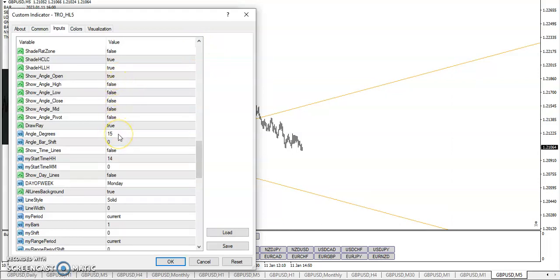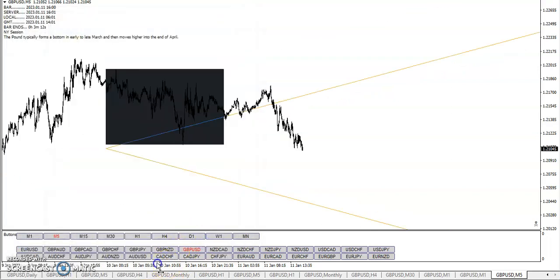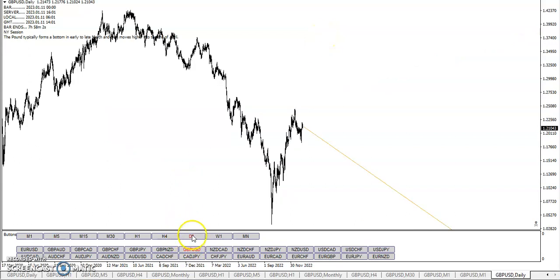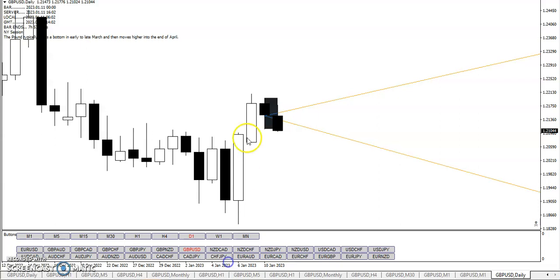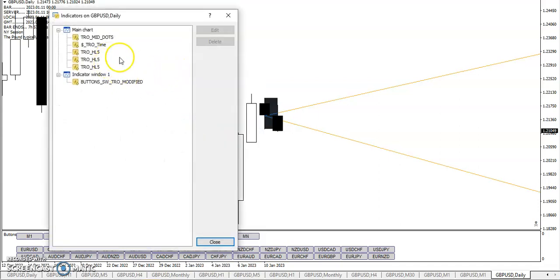And I'm trying to remember. Let's see. I don't remember how the shift works on this. Oh, it goes back a day. So the angle is coming from the open, the daily open. So you can see here I shifted it back 1 day. And that's how that works.